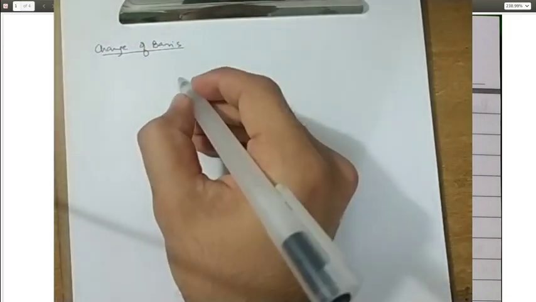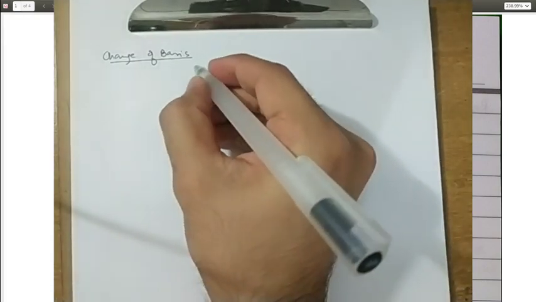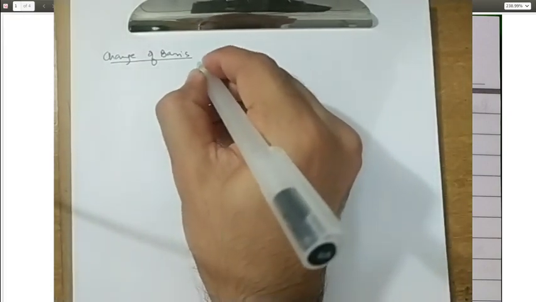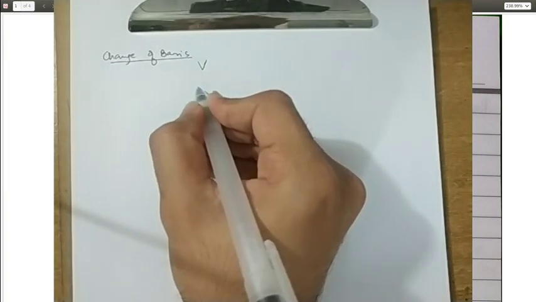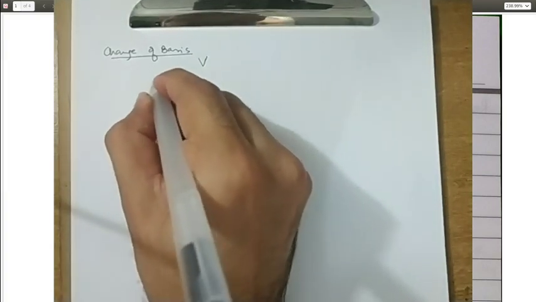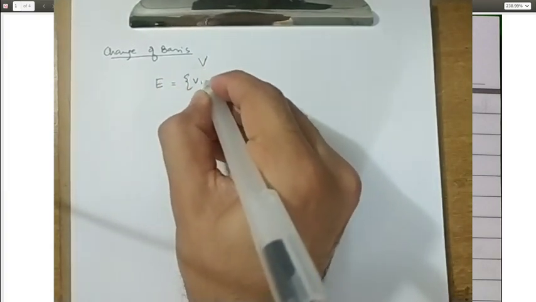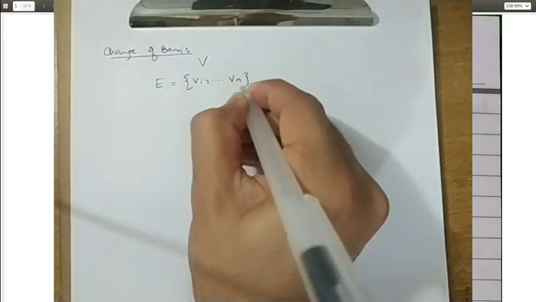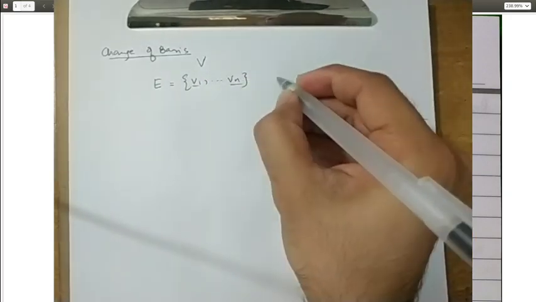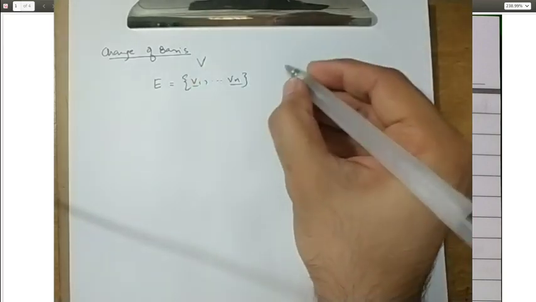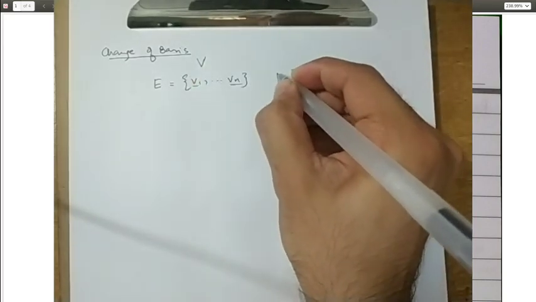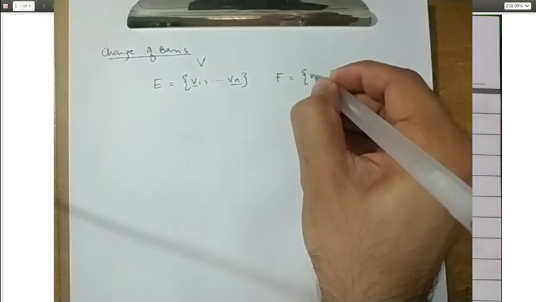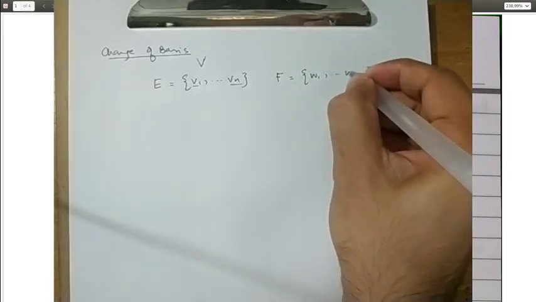The idea was that if I have a vector space V, which has two different bases, let's suppose basis E, which is V1 to Vn, an ordered basis for this vector space, and another basis F, for example W1 to Wn.